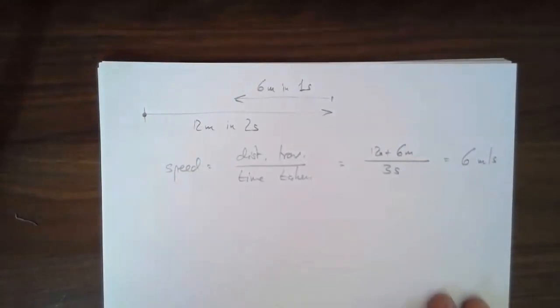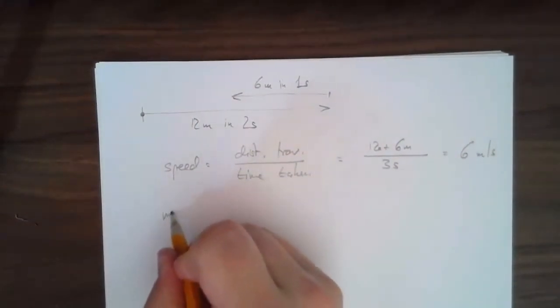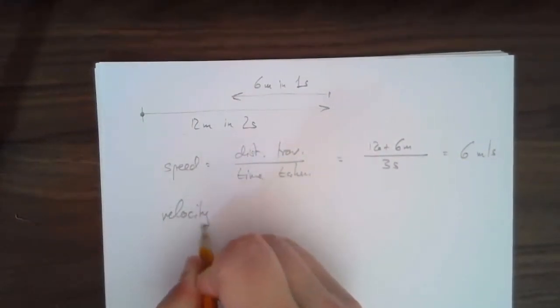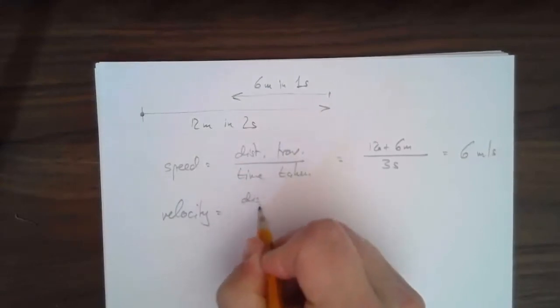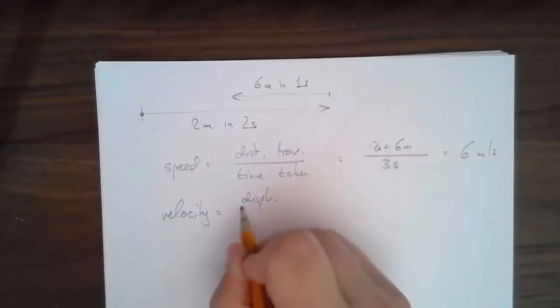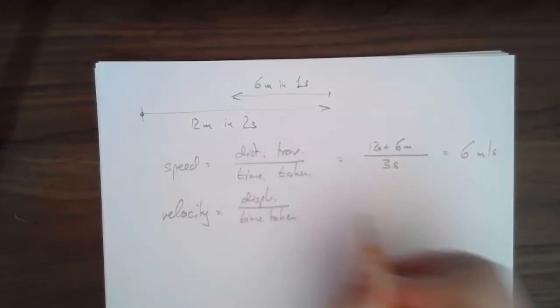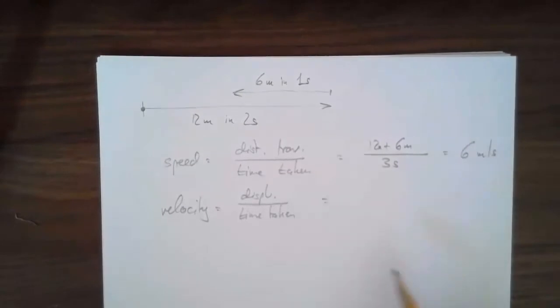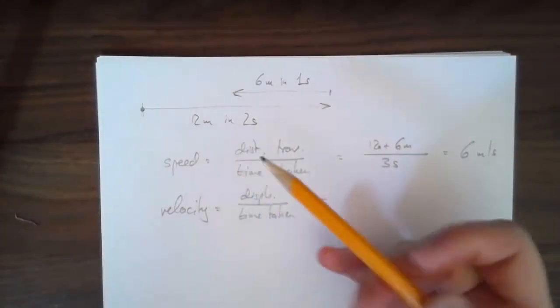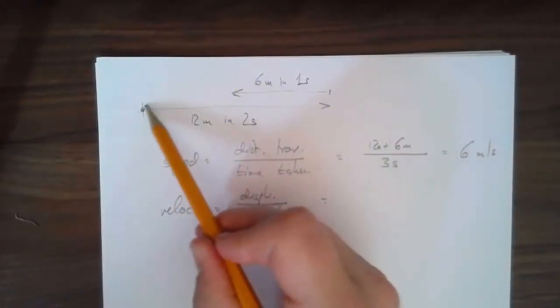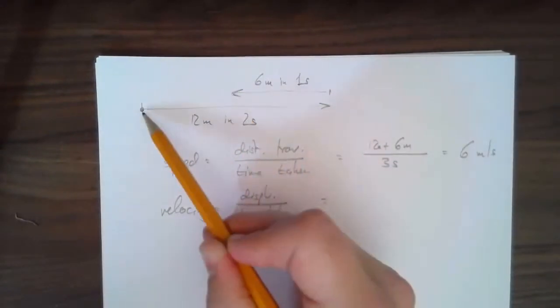That was my speed. My velocity is the displacement per time taken. Now my displacement is where do I end up compared to where I started. I end up 6 meters from my starting point.